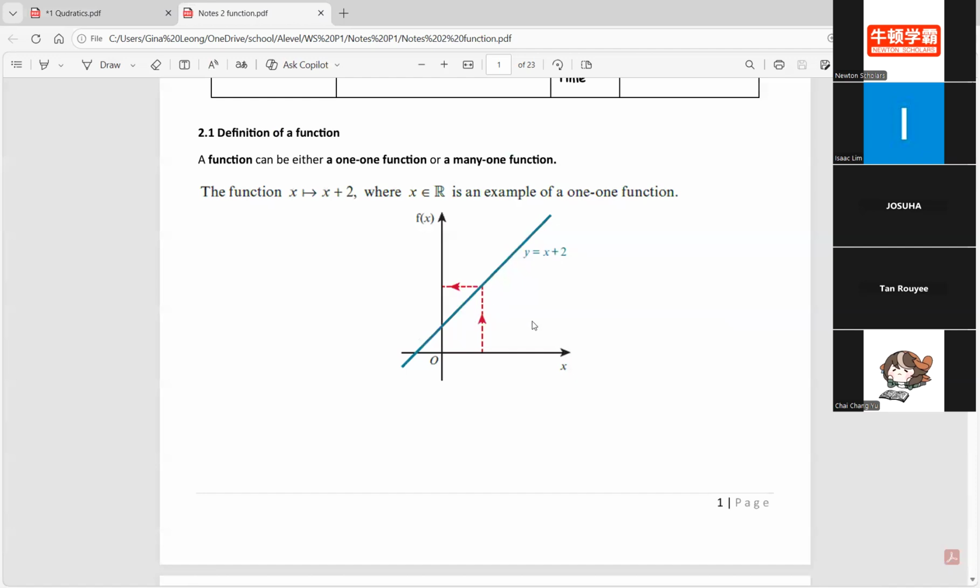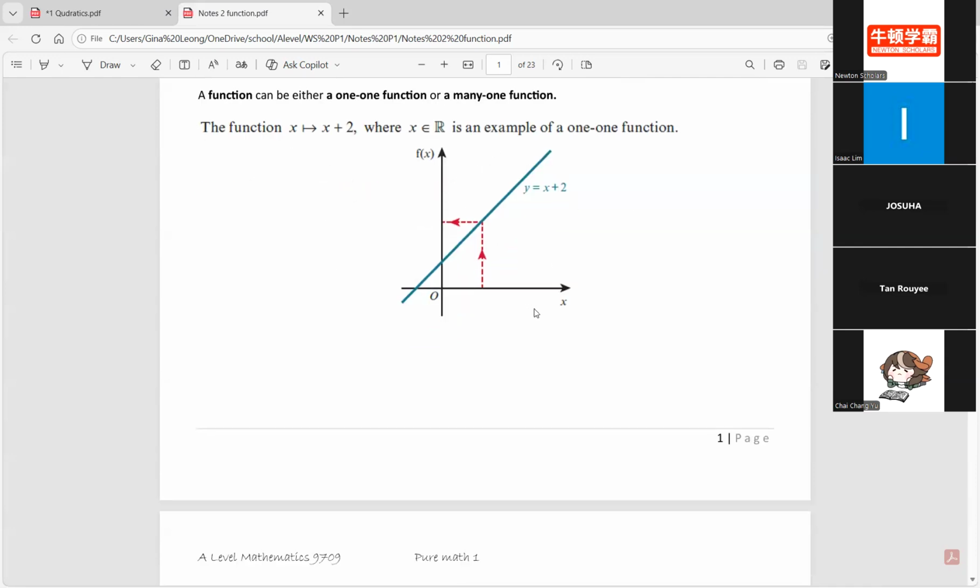Okay, chapter 2, actually I do some refreshing about the maths. For the function, because some students are not taking the maths, maybe they don't know about this thing, so I go for the basics first. A function is actually something like a formula. It can be either one-to-one or many-to-one. So this is a one-to-one function example.